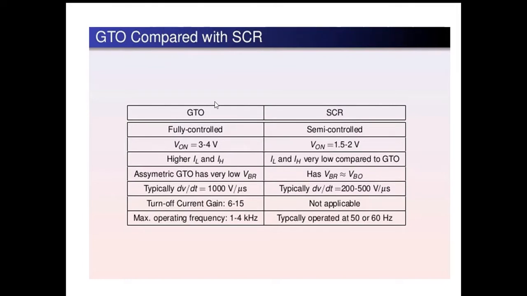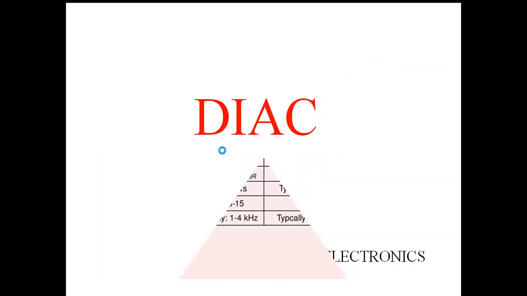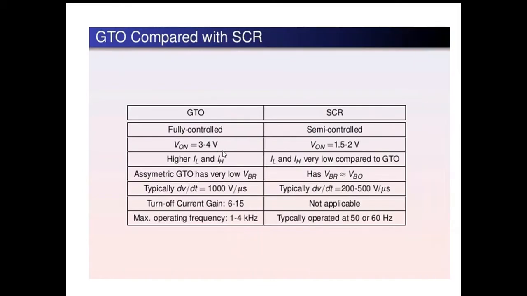So it is a fully controlled device, and the on-state voltage drop of the GTO is around 3 to 4 volts. The latching and holding currents are very high compared to SCR.